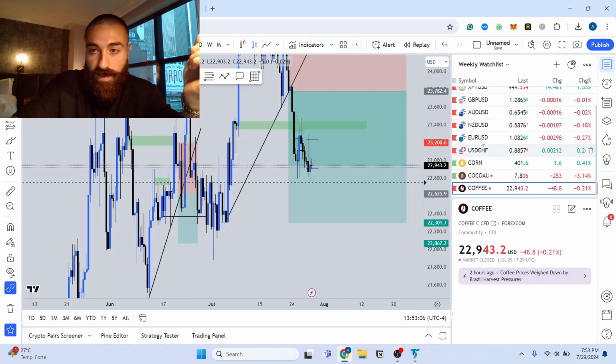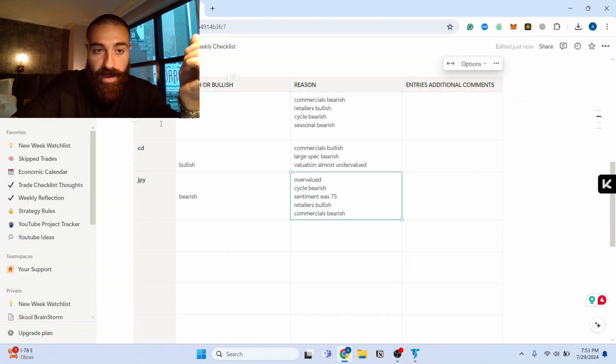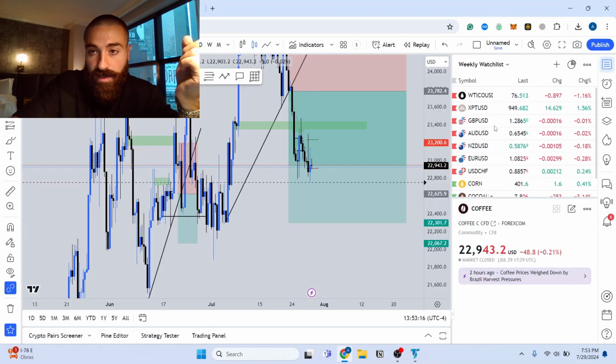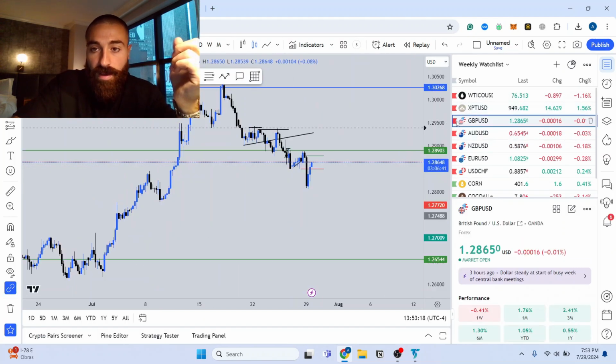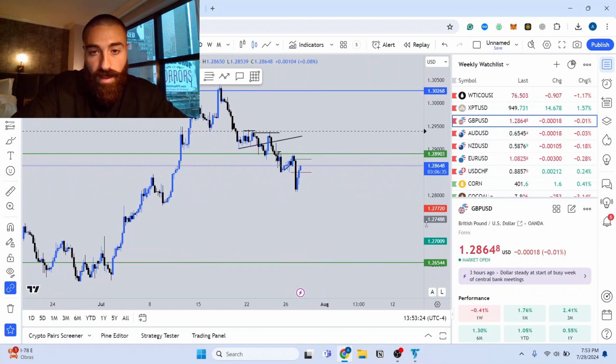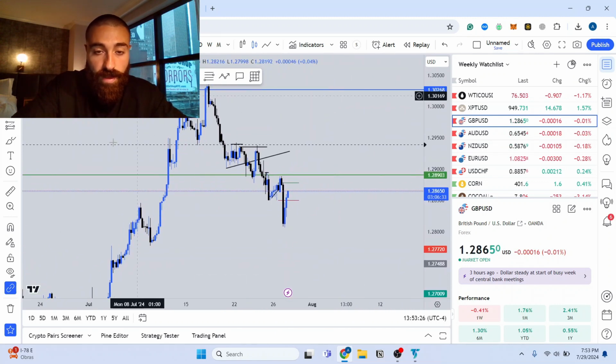So for example, here I have GBP, Canadian dollar, and JPY. Canadian dollar, I'm not too happy with it, but GBP and JPY, I can look at those. So here I also put red because I'm bearish on GBP. So I could look for sells.